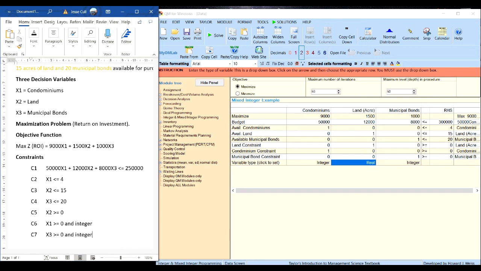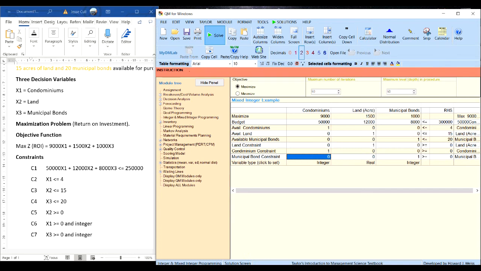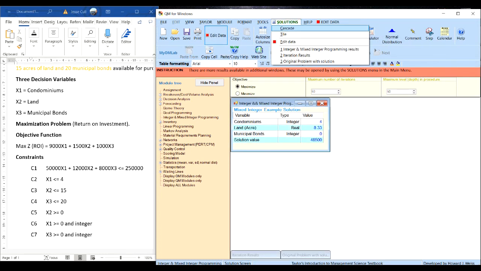What we're going to do next is hit solve, and let's check our answer. We see in this situation, our ideal scenario is 4 condominiums and 8.33 acres of land. This gives us a $48,500 return on investment, and we have 0 municipal bonds purchased.